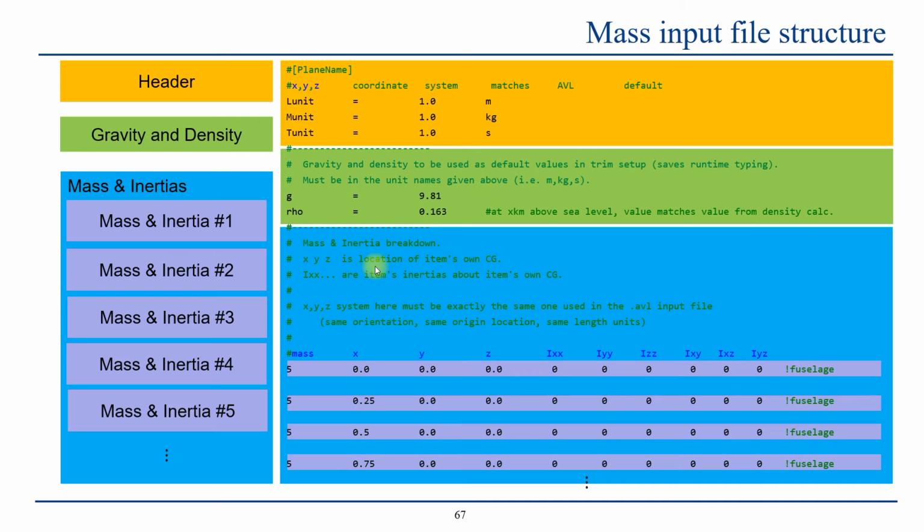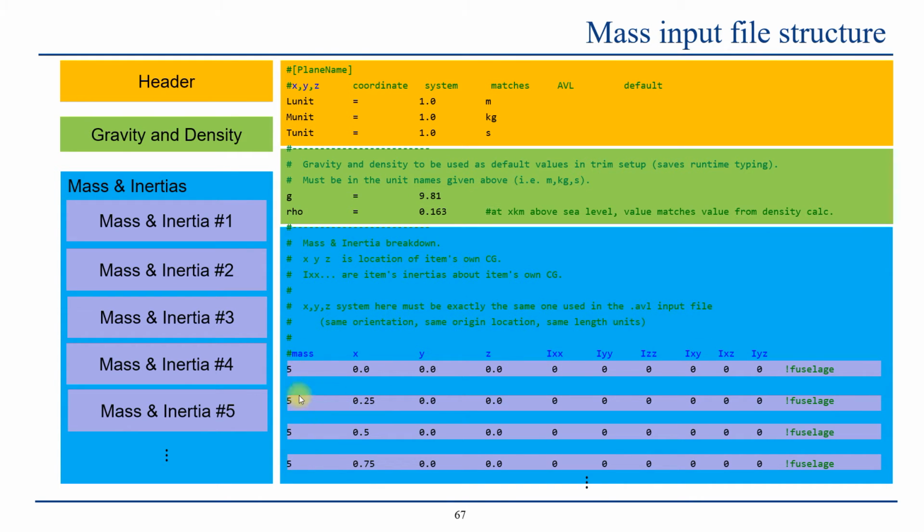Each of these lines will include a mass and inertia, or point mass properties, that you define overall for the body or the aircraft that you have designed. As you can see, each of these point masses has multiple properties. One is the mass.